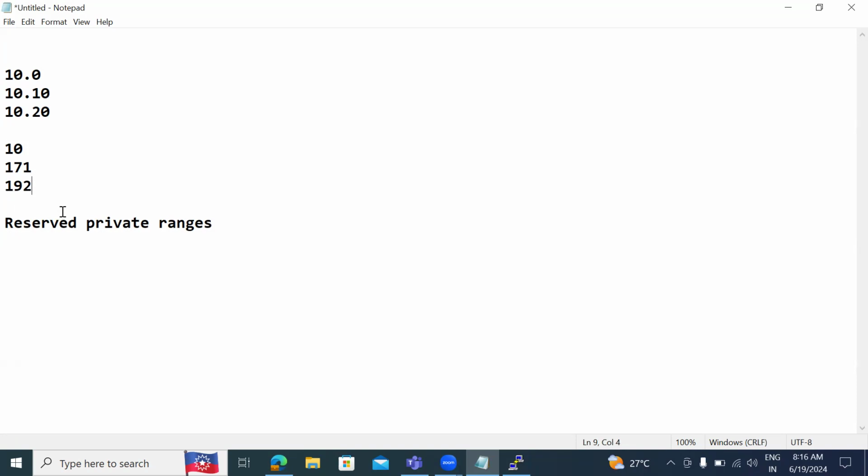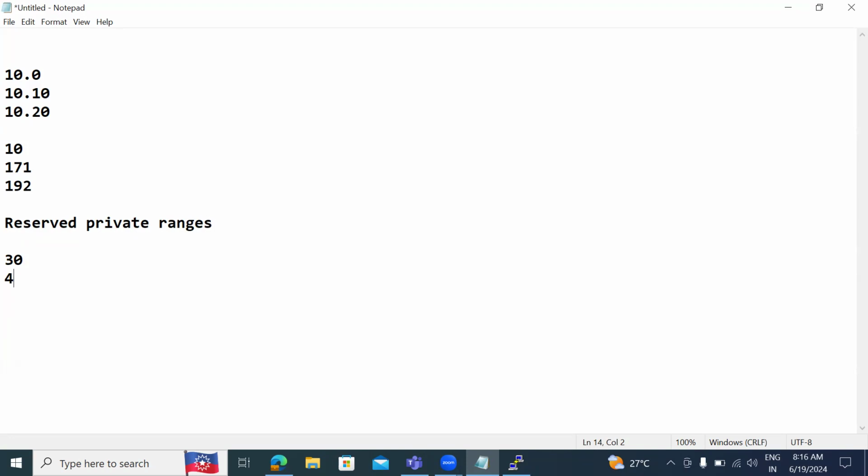So these are the reserved private ranges. Whenever we design our networks, it is better to go for these reserved ranges. If you use maybe the 30 series or 40 series, that is not recommended, because most of them are used by public IPs and we may get a conflict.